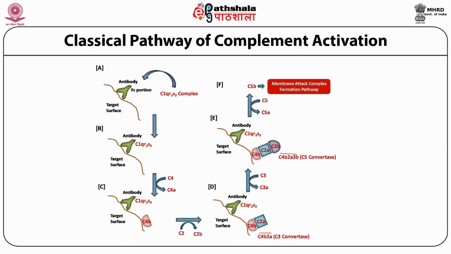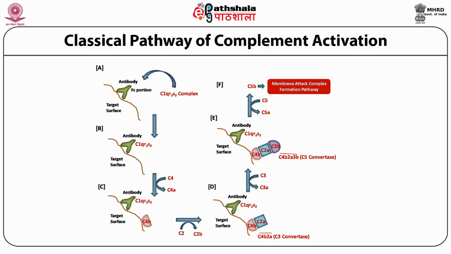The classical pathway of complement activation starts when the complement C1 recognizes a microbial surface directly or indirectly via antibody bound to the pathogen. C1 complement is a complex made up of a large subunit C1q, which senses the pathogen, and two zymogenic subunits C1r and C1s that act as serine proteases.